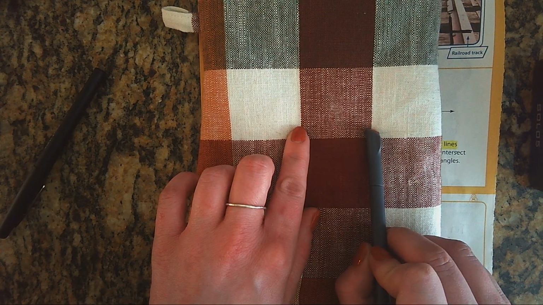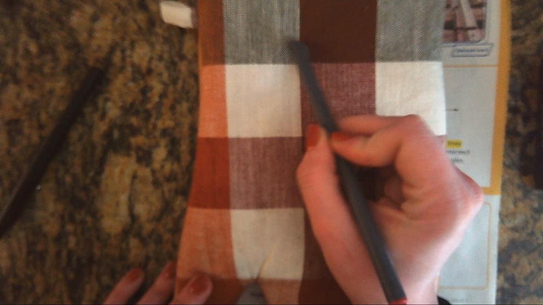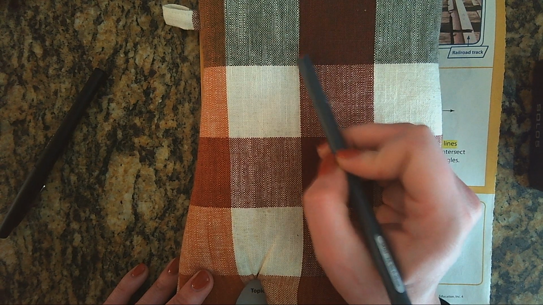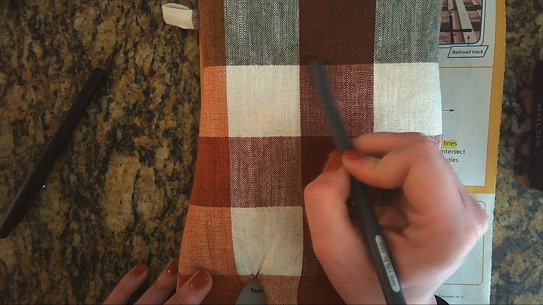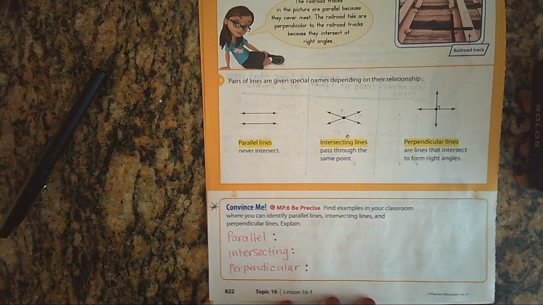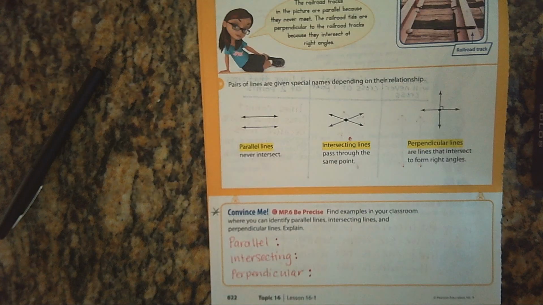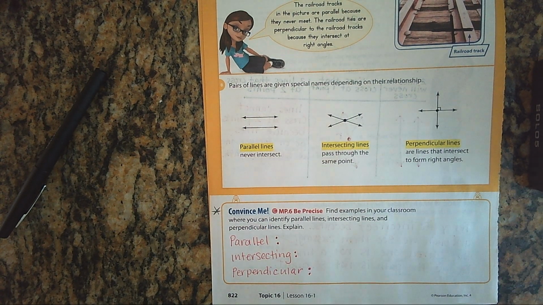So they would never touch. And then I can see perpendicular lines where the corners meet of this checkered pattern. We can see two lines crossing here. And then that would be perpendicular. So, that was just something within my sight that I could grab. That is an example of those types of lines.